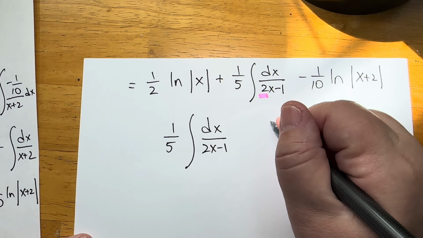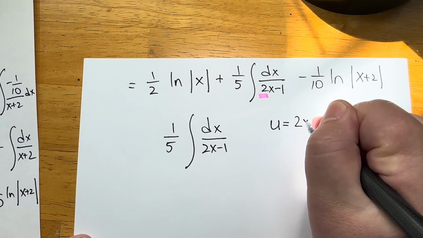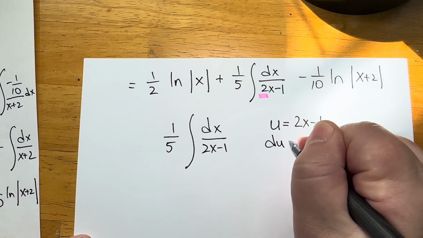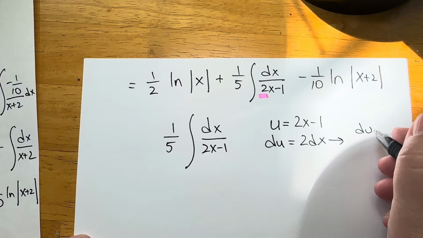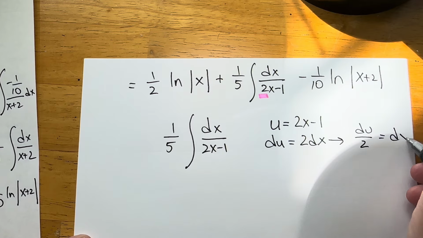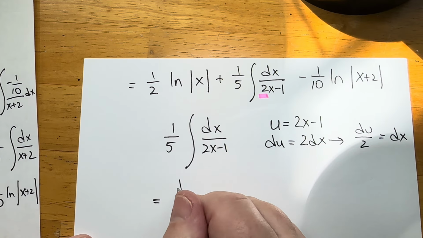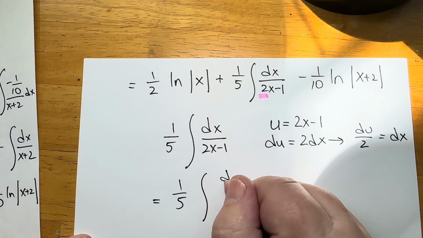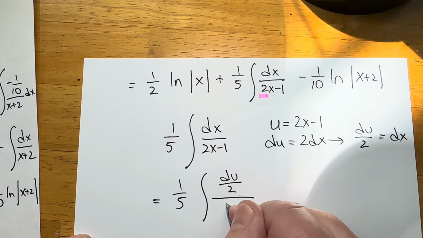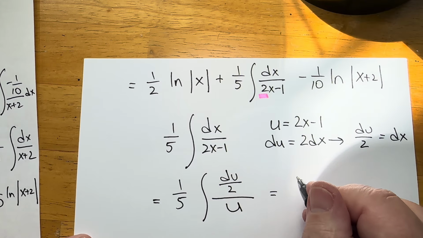So if I do a u substitution, let u equal 2x minus 1, then du is 2dx. So that means du divided by 2 is dx. So I'm going to get 1/5. dx is du over 2, all over u, which is 1/5.